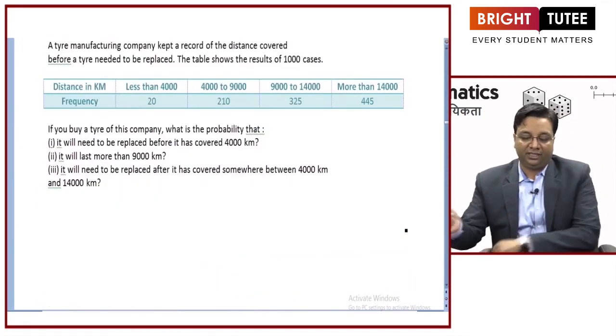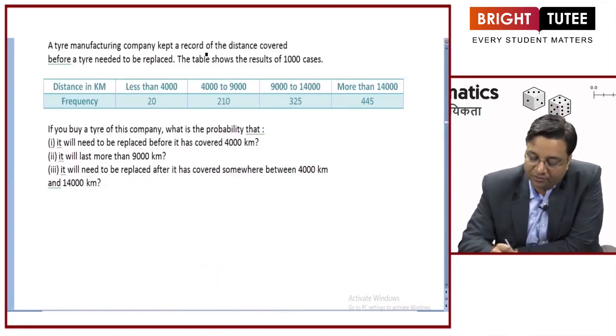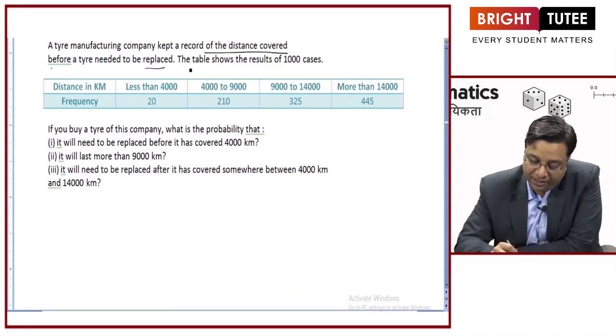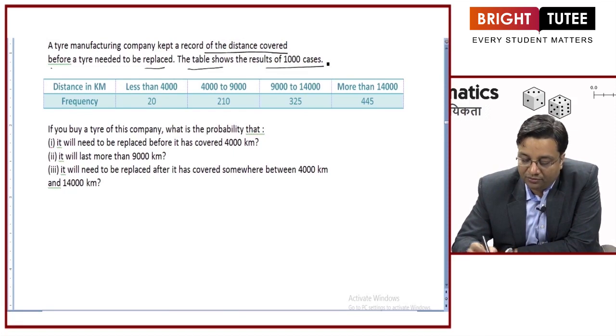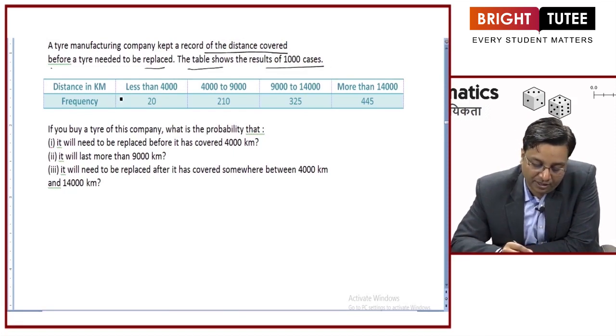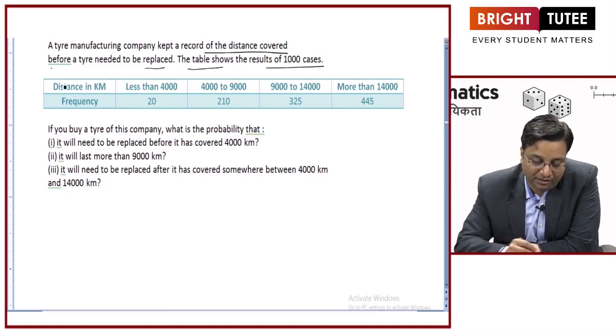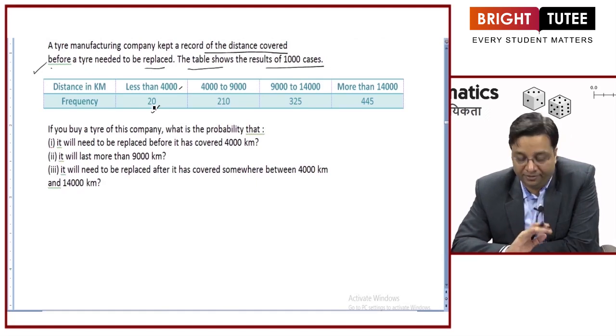A tire manufacturing company kept a record of the distance covered before a tire needed to be replaced. The table shows the results of 1000 cases. Now, after you drive a car, or the vehicle that the question is talking about, less than 4000 kilometers, there were 20 times that the tire needed to be replaced.